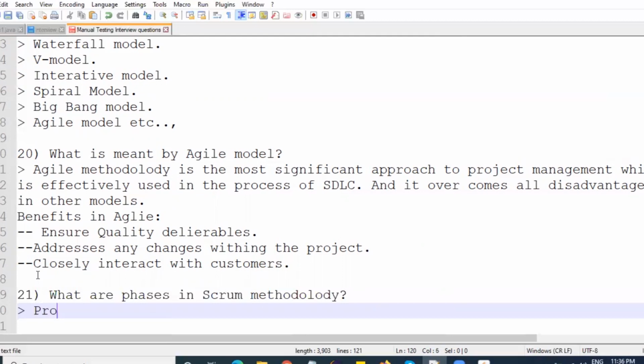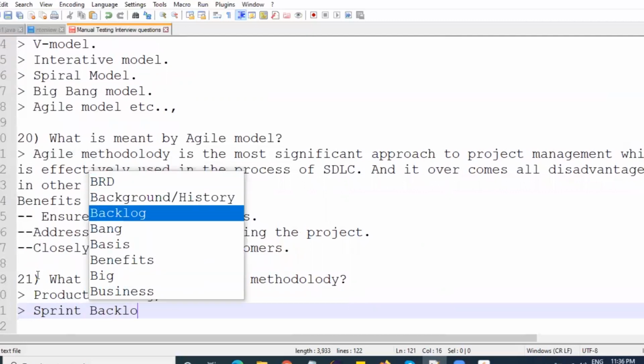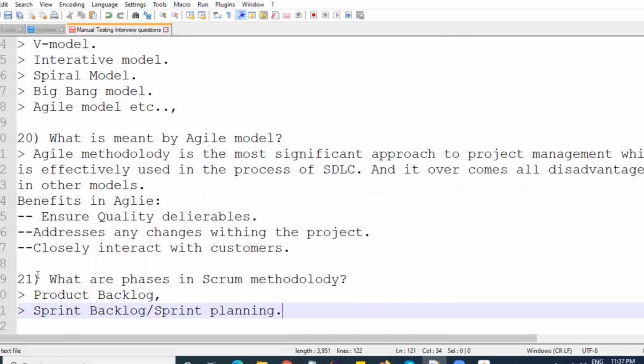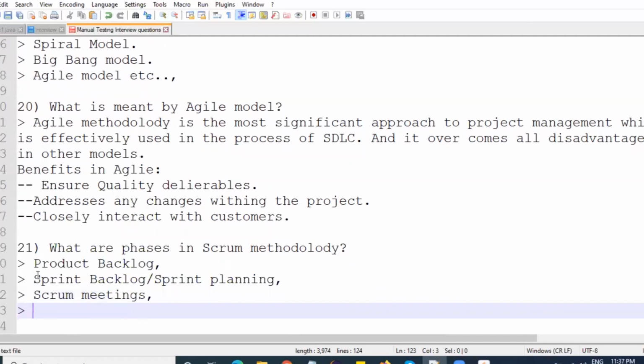The first phase is product backlog. The next one is sprint backlog. Sometimes we call it sprint planning also. Next is Scrum meetings. Right now, many people call it the daily stand-up call, but no problem. The next one is demonstrations.